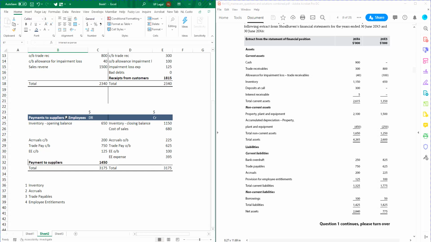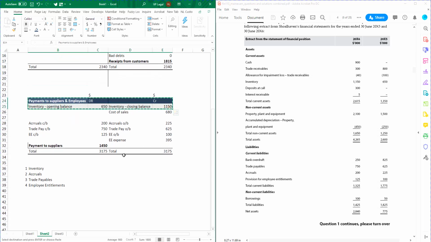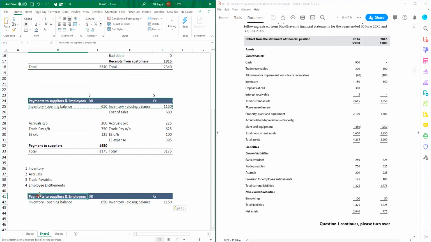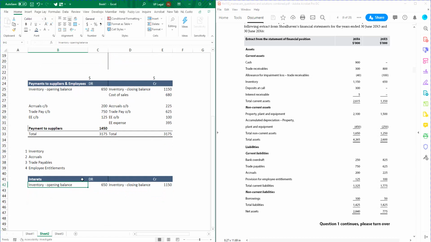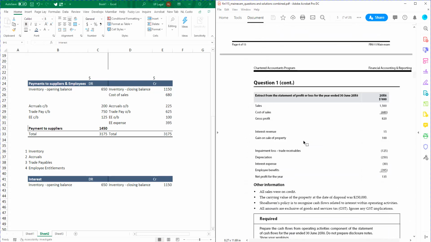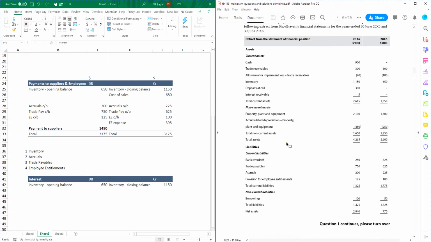So similar approach, we're going to do another T account down here, this time for interest. And we're going to go, okay, let's have a look on the balance sheet so we can figure out what our interest revenue is. So our interest receivable is an asset, so we want to put it on the debit side.